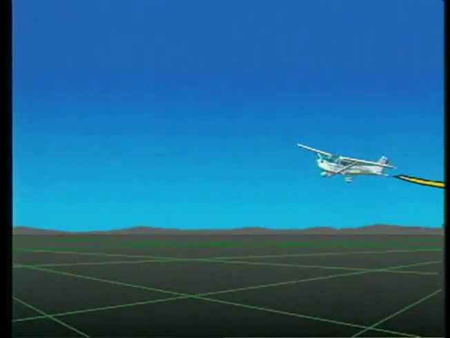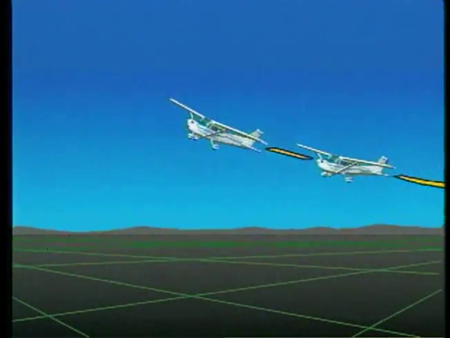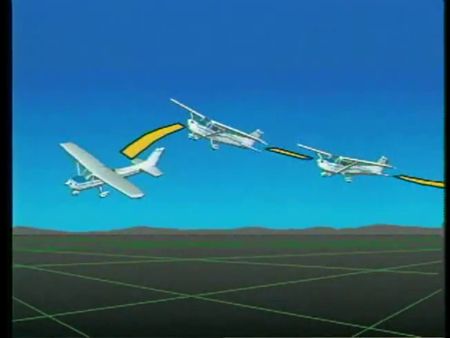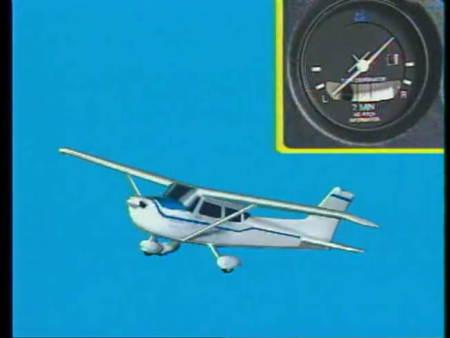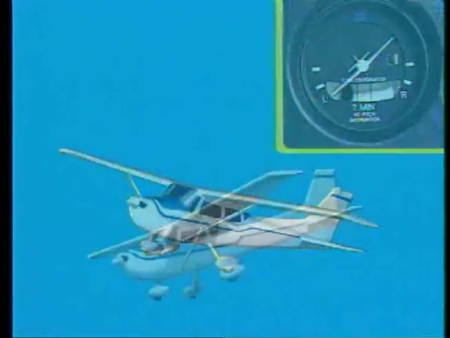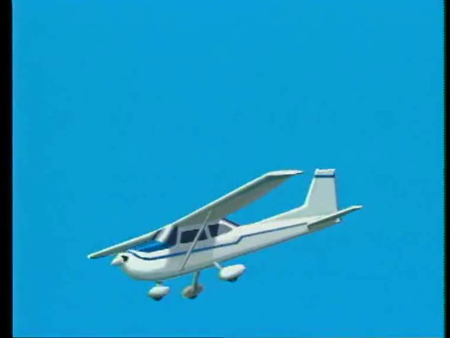If the airplane is not in coordinated flight when the stall occurs, one wing may stall first, causing a sudden roll as the nose pitches down. If the airplane is slipping to the inside of the turn, the upper wing will stall first. In this case, the airplane might roll in the opposite direction, lessening the bank angle.